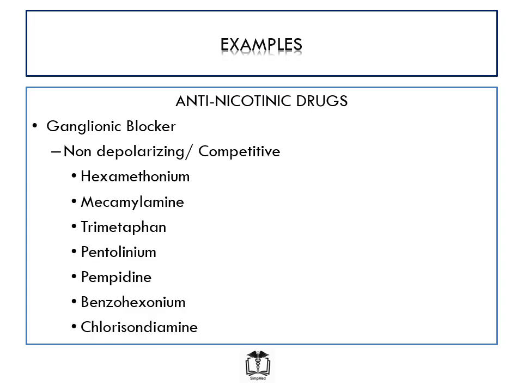For the ganglionic blockers that are classified as non-depolarizing or competitive drugs, these include drugs like hexamethonium, mecamylamine, trimethaphan, pentolinium, and pempidine, amongst others. These are the important ones you really need to remember for your MCQs.